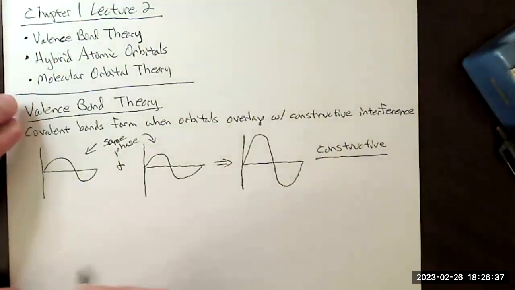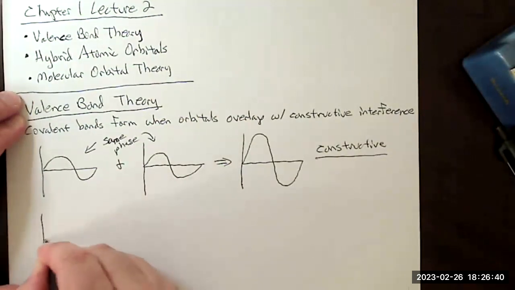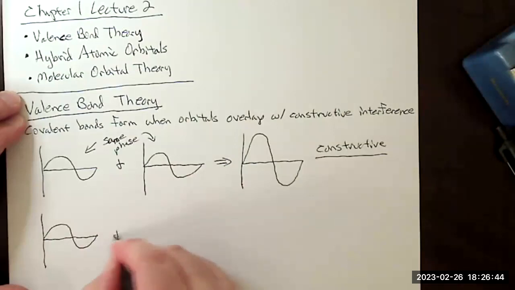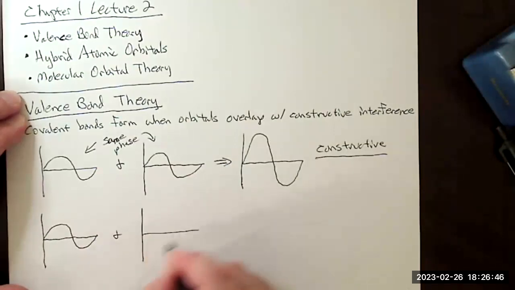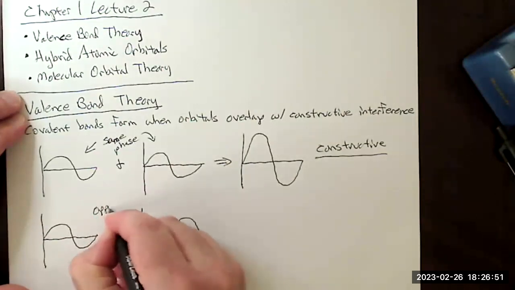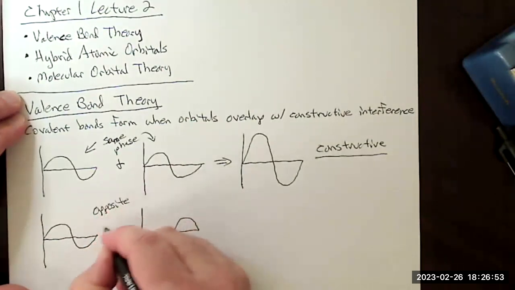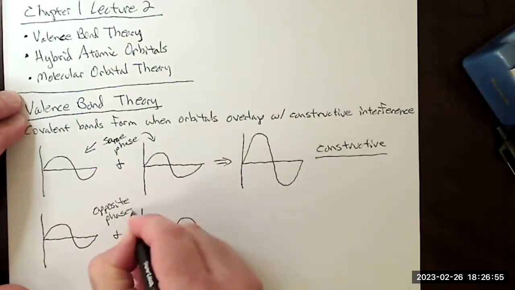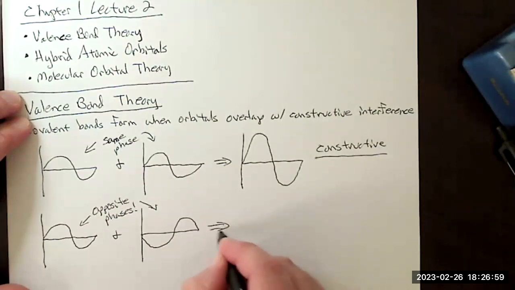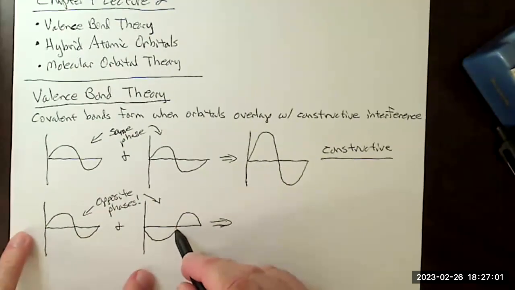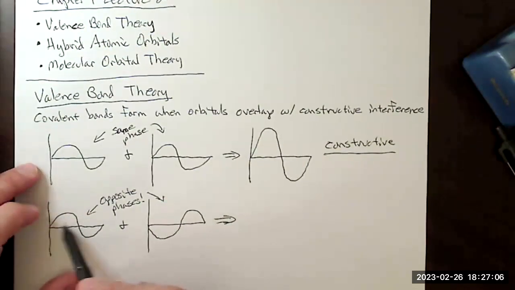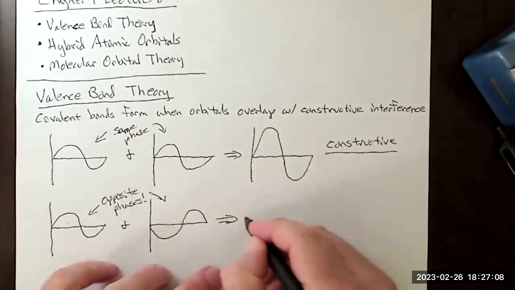We can contrast that to having waves of different phase, and when we add together our waves of opposite phases, they will cancel each other out, where the first one is positive, the second one is negative.